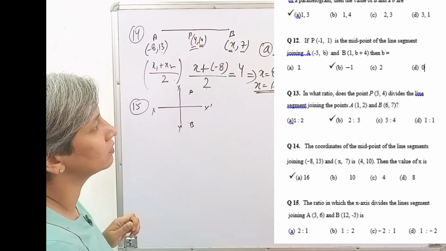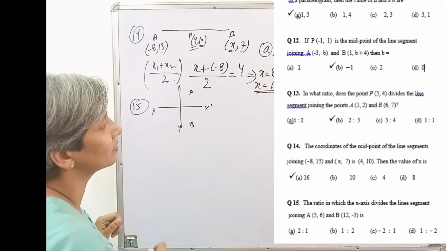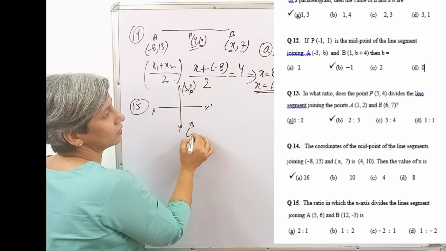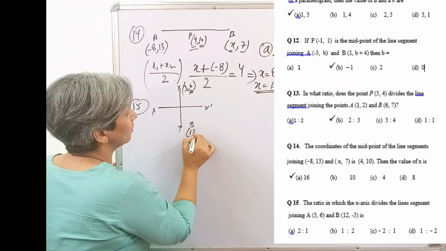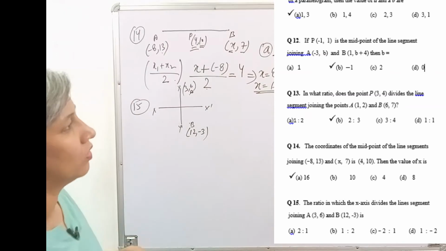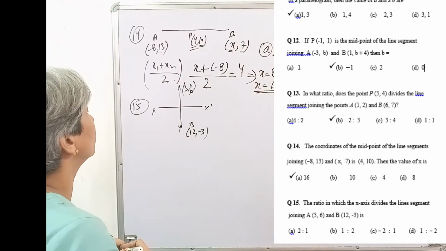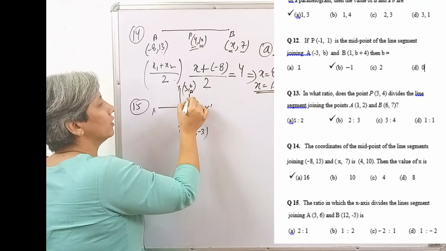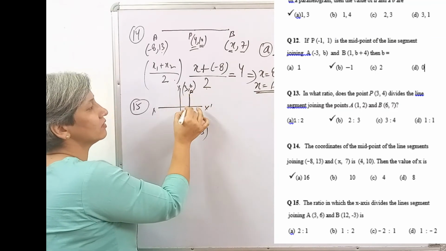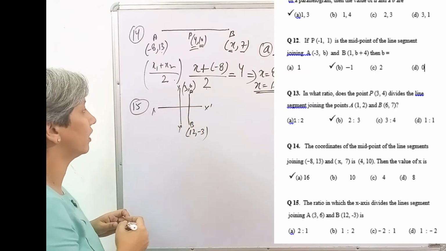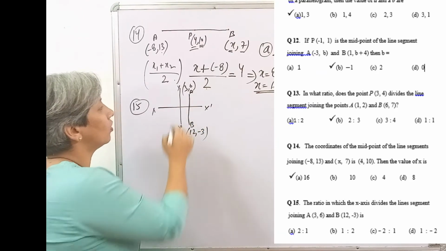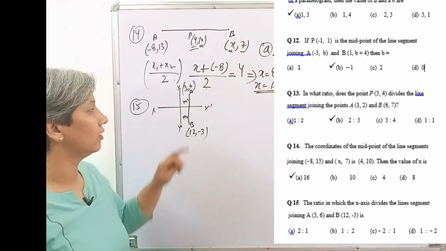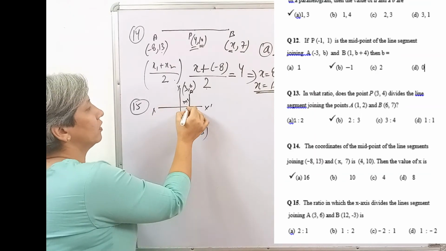A is given as (3, 6) and B is given as (12, -3). AB is joining A and B, and the x-axis is dividing it, as you can see. So you have to find in what ratio the x-axis is dividing the line AB, m1 is to m2 we have to find.